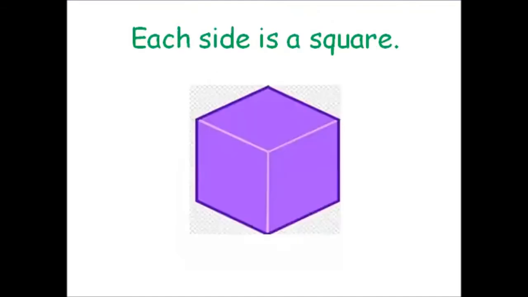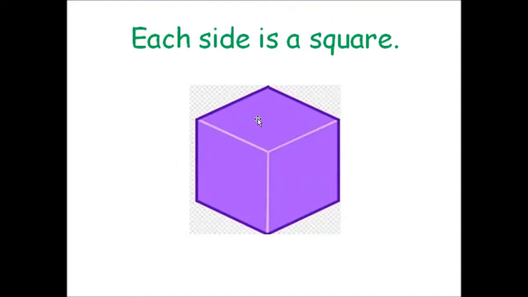Now, what is important to remember about a cube is that all of these sides are squares. So 6 squares make up a cube. 6 of them. All right? Squares. So here is a square. That's 1. Here is another square. 2.